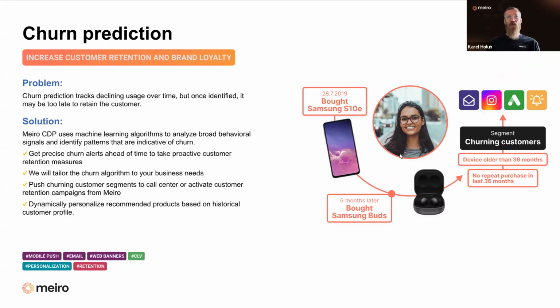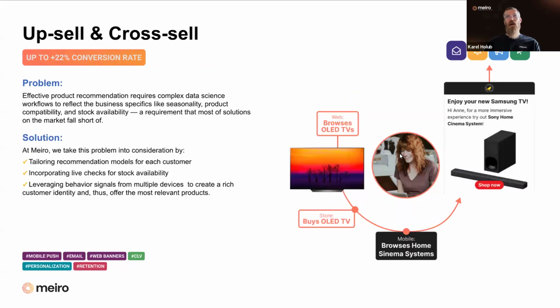So again, the more you know about them and the more data you are able to unify into the single view of a client, the easier it is for you to predict the churn and maybe even increase the loyalty of the client.